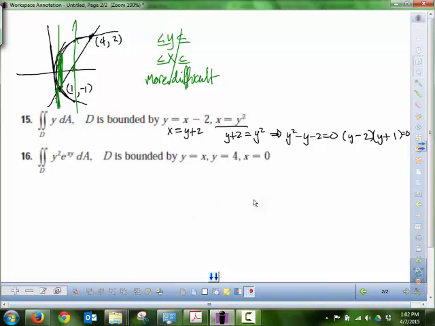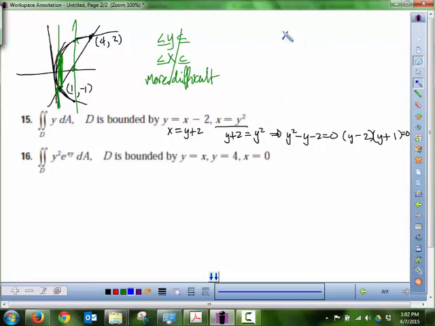So let's cross this out and move on, and let's integrate with respect to x first. If we integrate with respect to x first, we would be drawing a line parallel to the x-axis. And now, regardless of what line you draw, you're always going to enter through one function and exit through the second function.